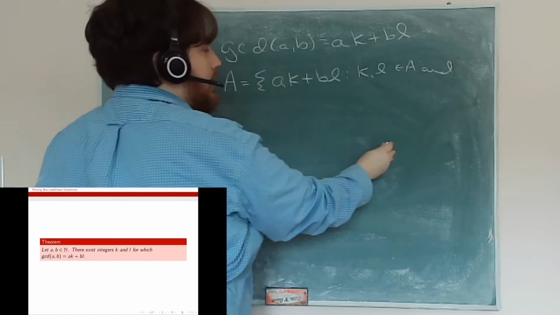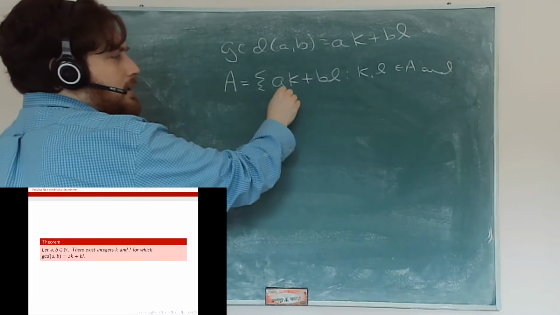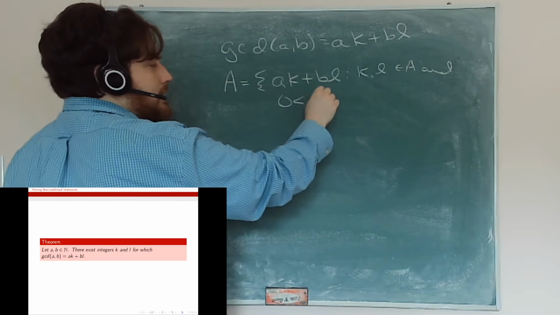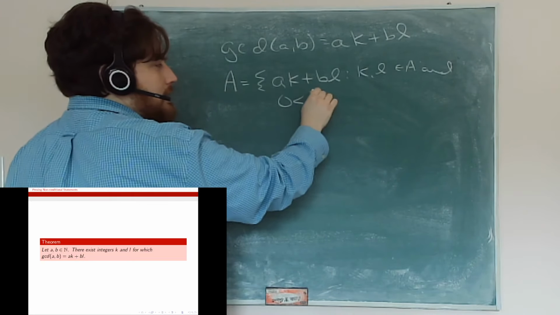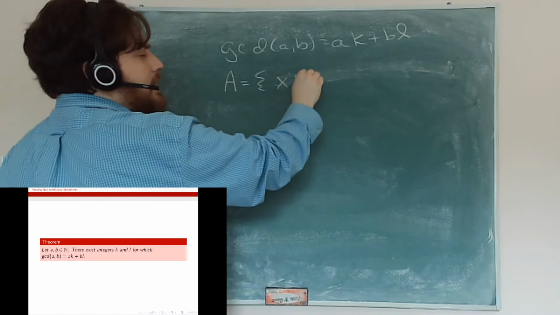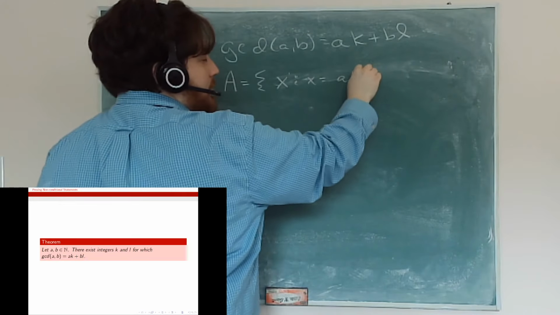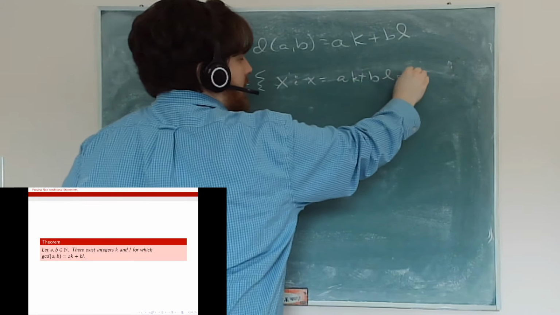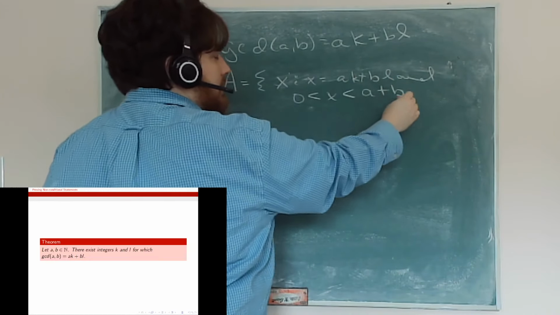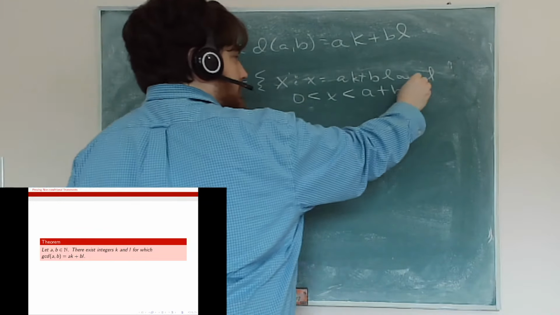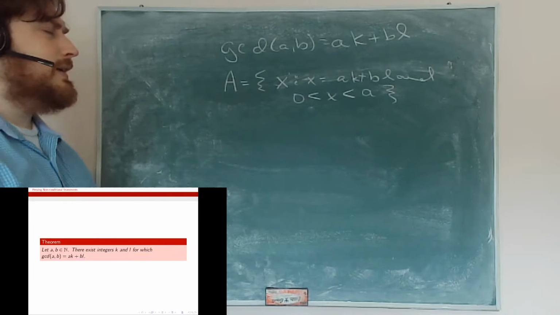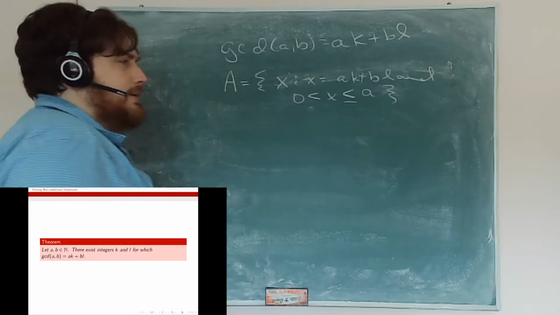And I'm only going to take the things that are bigger than 0 and less than... sorry, I'm going to rewrite this a little bit. This is going to be the set of all x such that x looks like AK plus BL, and 0 is less than x is less than or equal to A. There we go. That'll work.